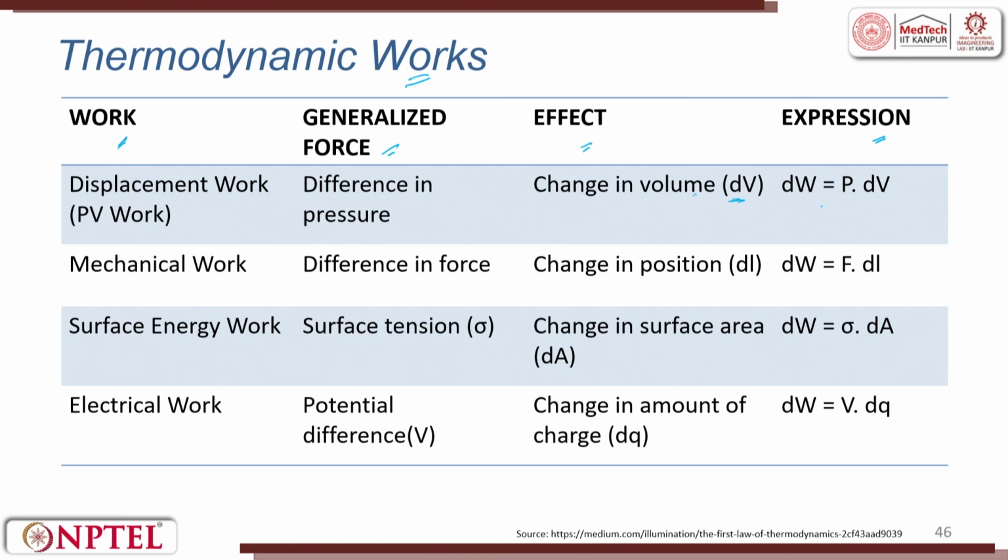So the expression is delta W is equal to P into delta V. When we talk about mechanical work, it is the difference in force, and here the change in position will be dl. So mechanical work dW, d meaning delta W, is nothing but force multiplied by dl.